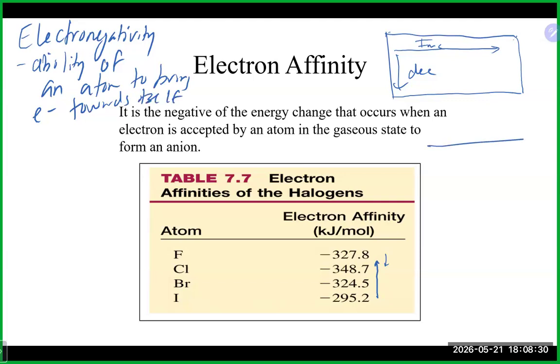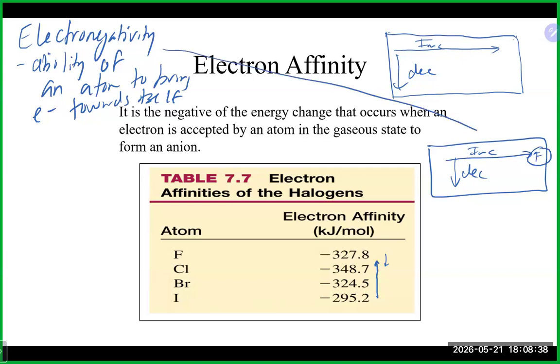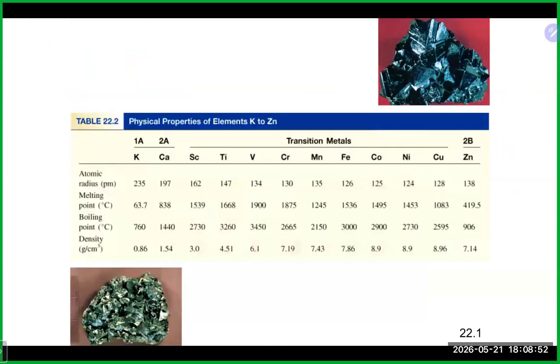So again, on the periodic table, it increases as we go up and to the right, decreases as you go down, with fluorine being the most electronegative element you could have. And they do all sort of go together when you think about the periodic trends, and what happens on the periodic table.